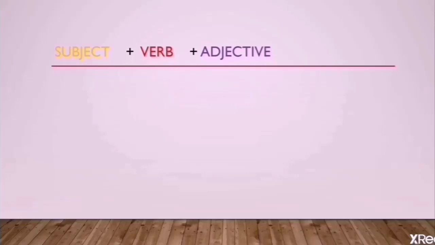Here I want to tell you that instead of object, you can use adjective. You can replace object with adjective. And the word order will be subject, verb, and adjective. Shumaila is busy. Shumaila is a subject. Is is a verb, and busy is an adjective.